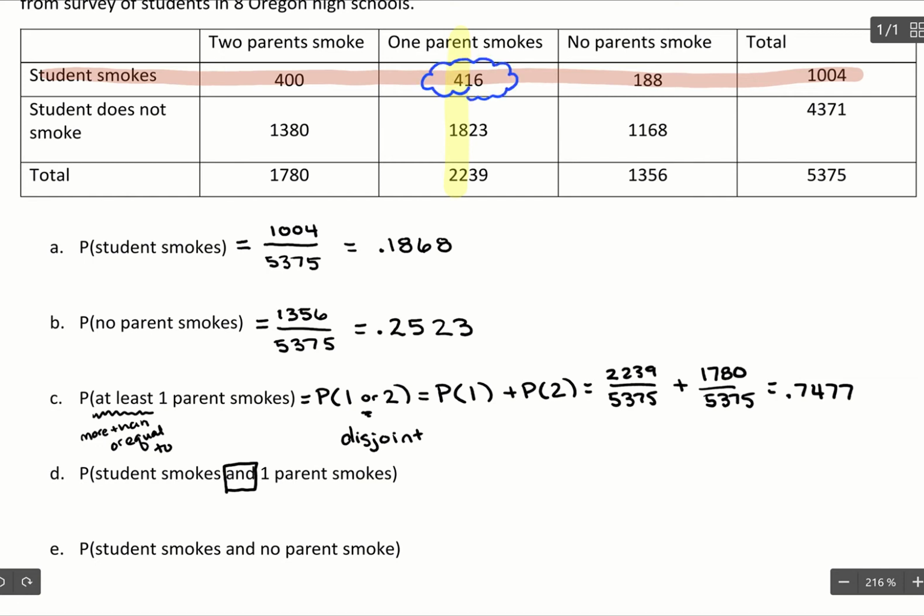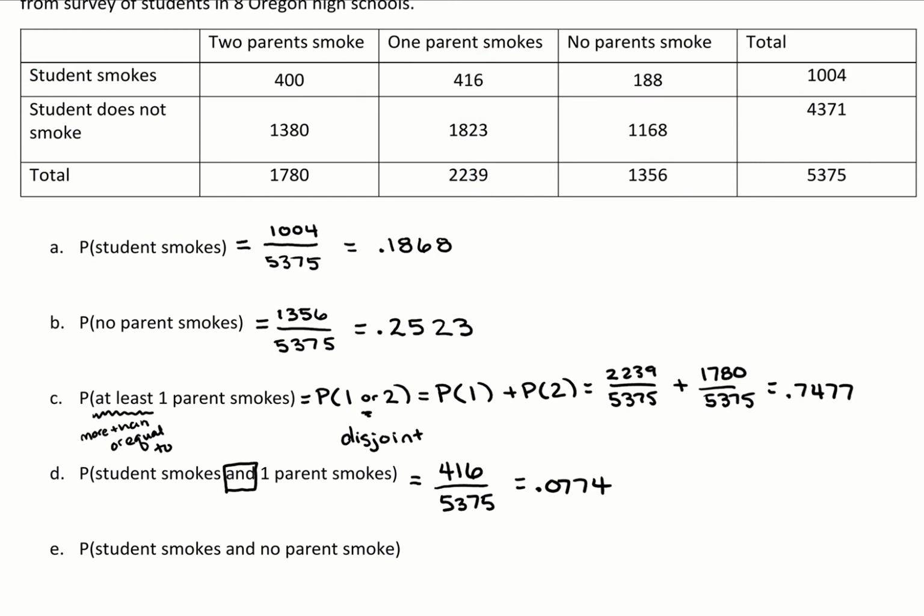We want the probability of being one of those 416 people that have one parent that smokes and the student smokes. So we take that 416 that have both characteristics out of the 5,375, and that's going to be 0.0774.